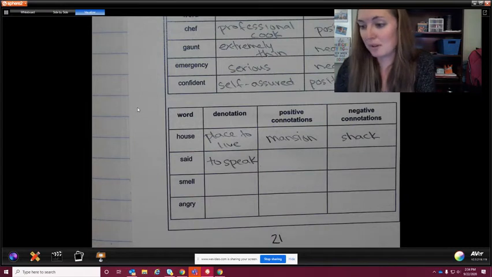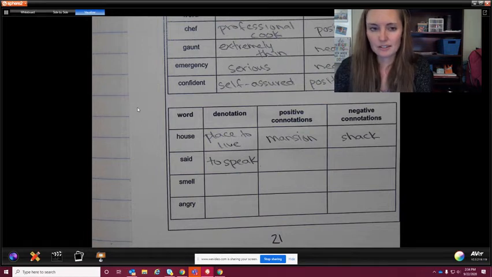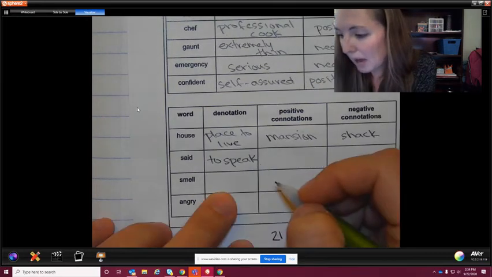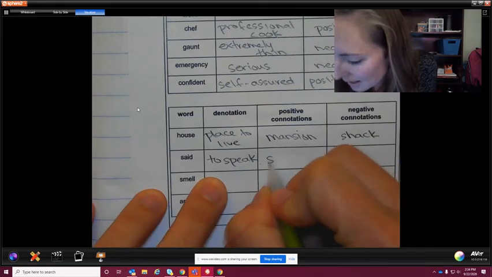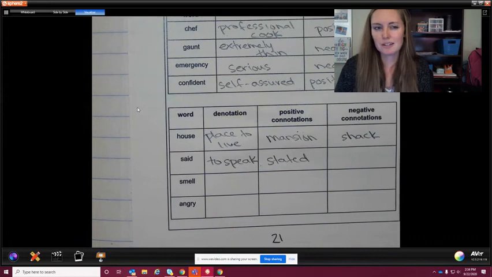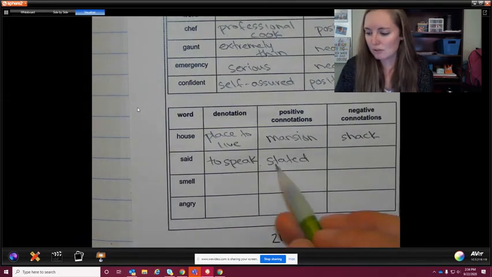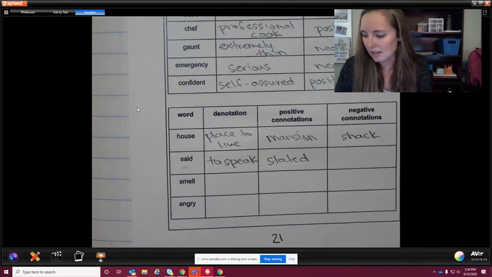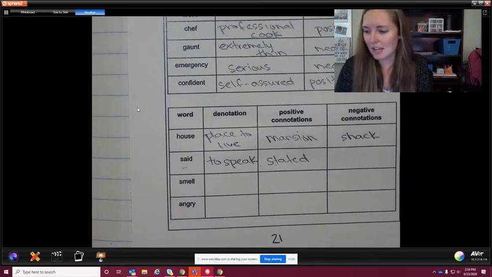Like you could put like to state, stated, or you could even say said delightfully. I don't know. I'm just going to put stated. I know that's not 100% positively connotated, but it's also not negative. It's more so staying in the neutral zone, which is where said is. But that's all I come up with today.